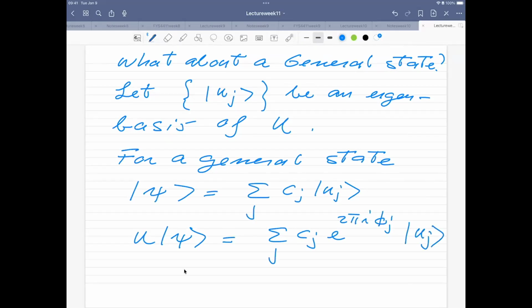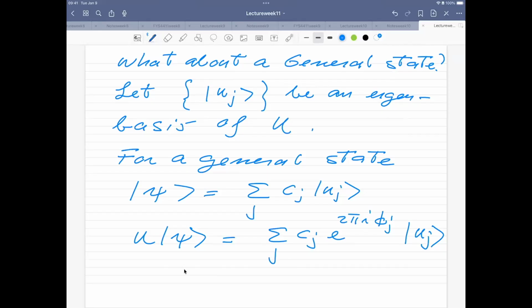Now, you note one thing here: you cannot factor out a single phase unless all the occupied eigenspaces carry the same eigenvalues. Okay, so that's just a small additional property here.